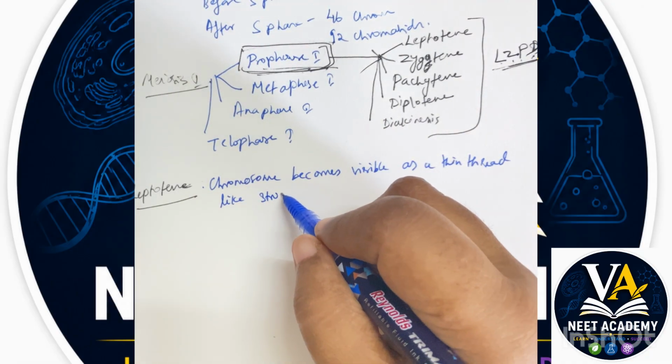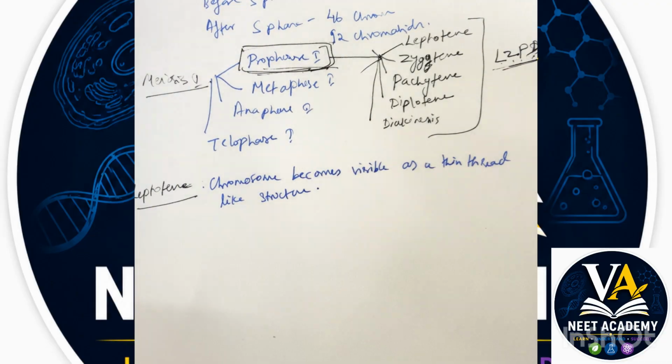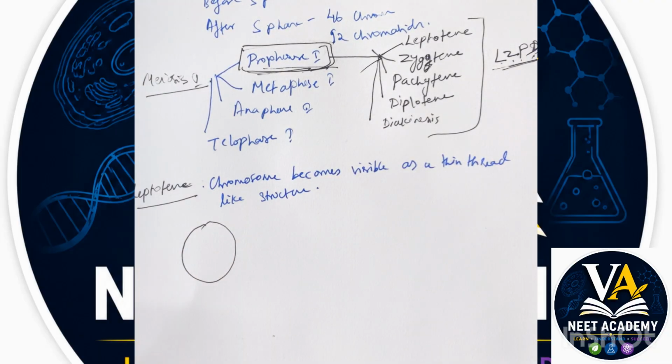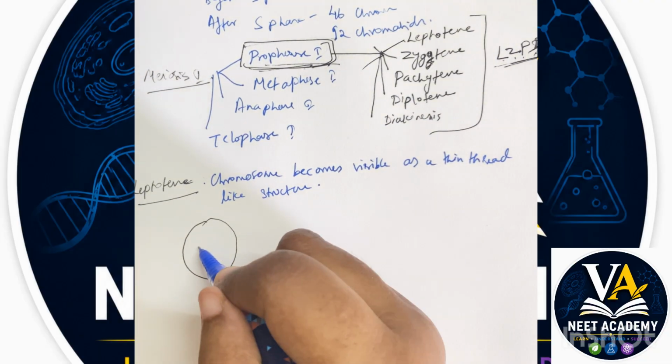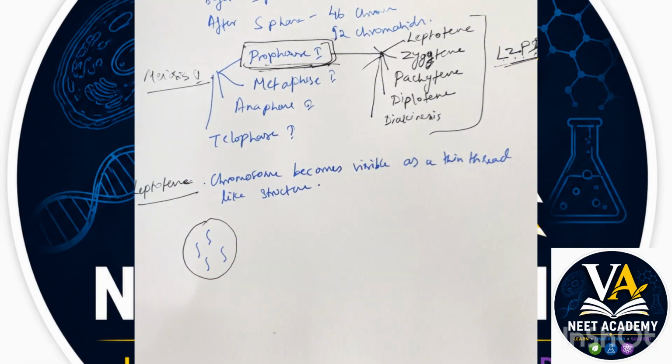So this happens in leptotene stage. If I draw the cells of leptotene, you will see something like this. Thin thread like structure of your leptotene.